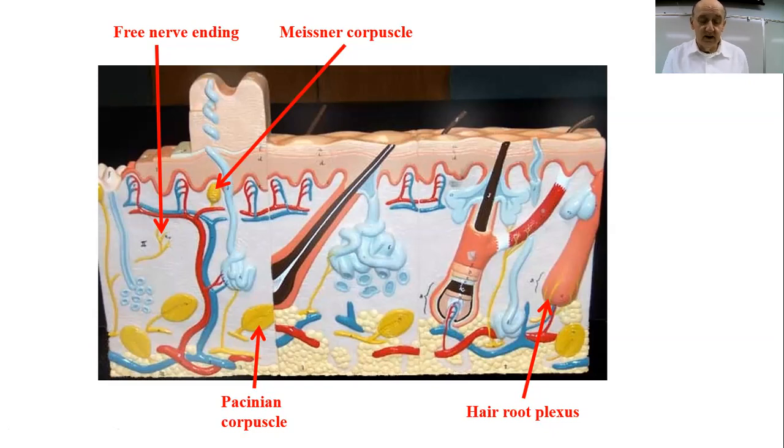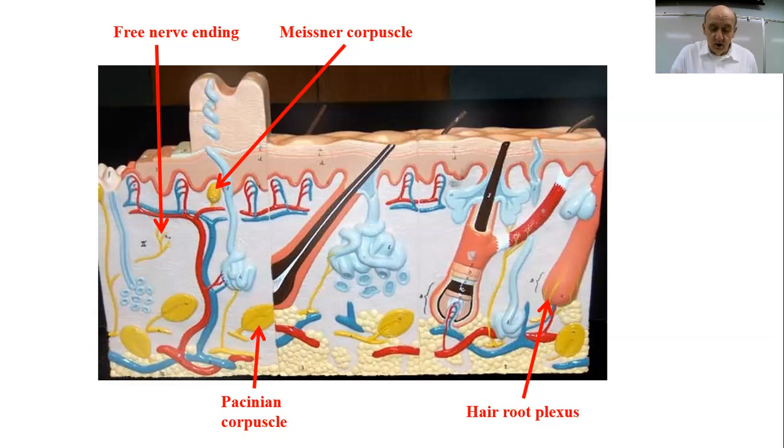And the fourth column in this table, you see the stimulus. The stimulus is the change in the environment. When you look at Meissner corpuscles, they detect touch and pressure stimulus. Hair root plexus detects touch of hair. And the Pacini corpuscles detect touch and pressure.